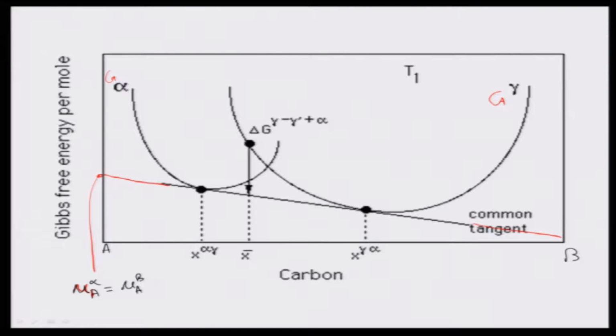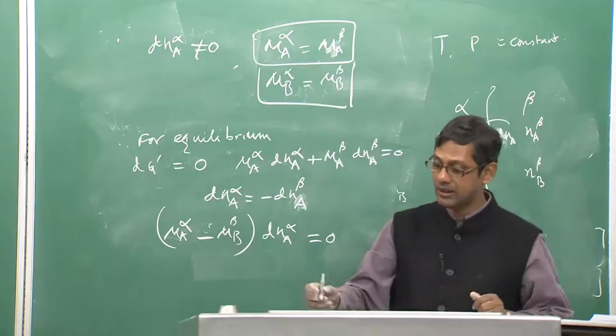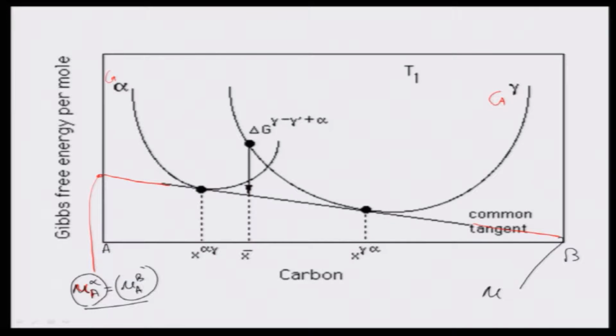Therefore this curve's tangent will tell me mu A in alpha phase, this curve's tangent will tell me mu A in gamma phase. So this condition is satisfied here. Similarly here mu B alpha equal to mu B gamma, sorry, this is not beta, this is gamma, here we have drawn gamma, so we have to write down gamma, please make changes.